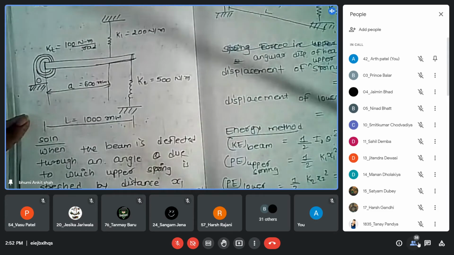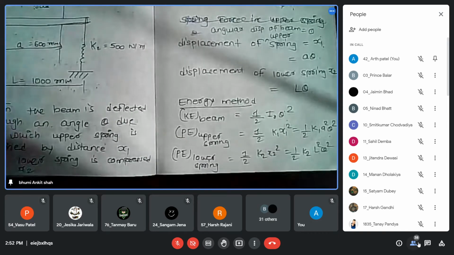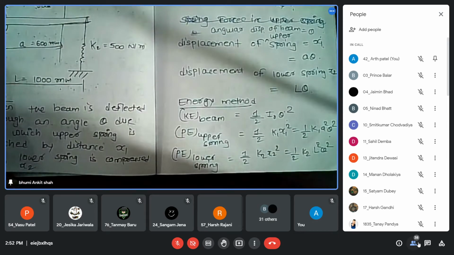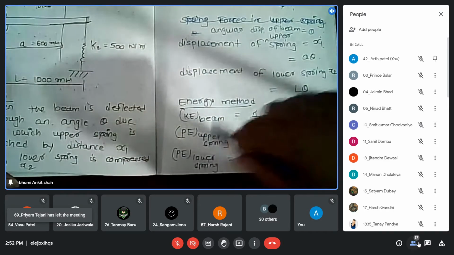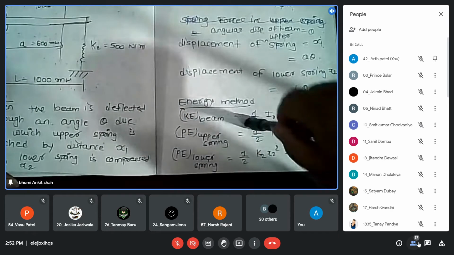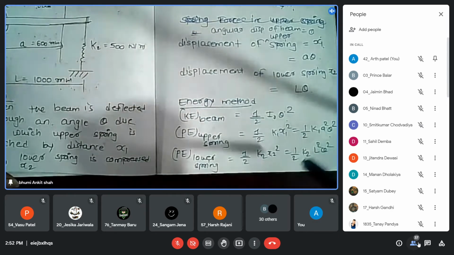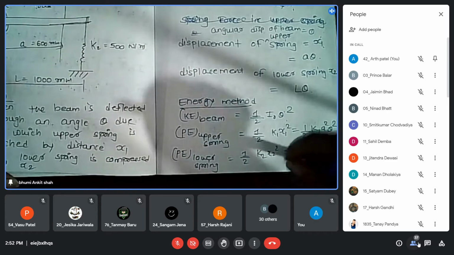So once you have identified all energy, are all the energies covered or is anything left? See, still potential energy of the torsional spring is not shown here, right?